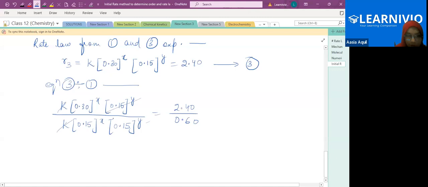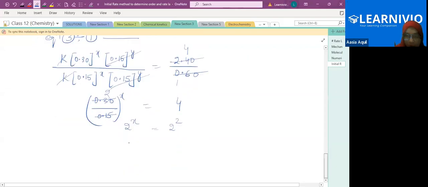Now 2 raised to the power x is equal to, we can write 4 as 2 raised to the power 2, so from here, the value of x will be 2. Now you can easily write down the rate law expression.